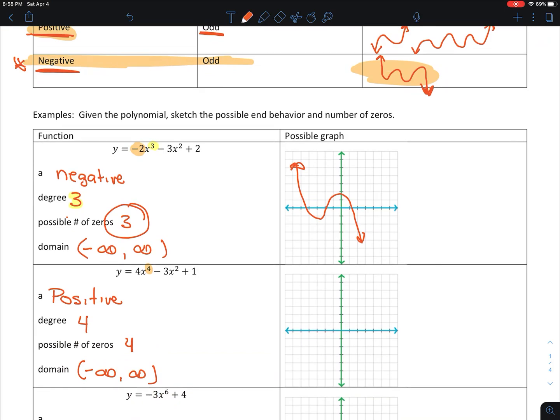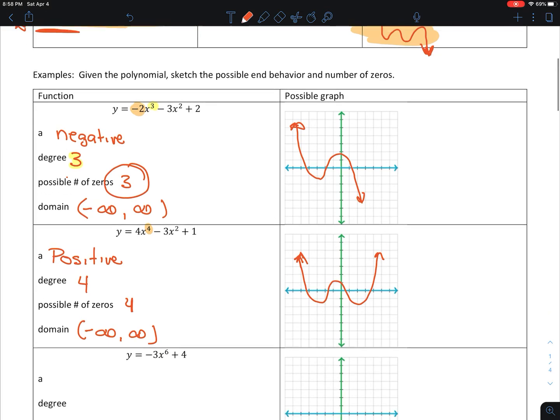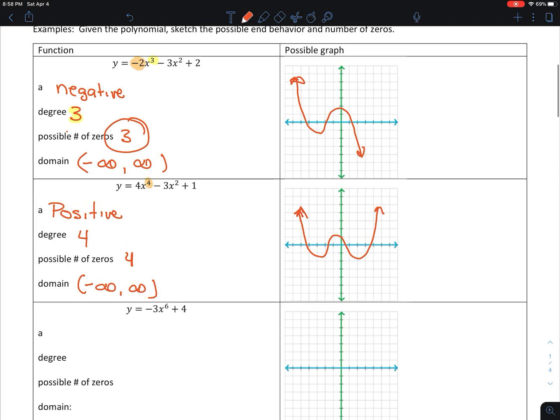So we're going to start here, and we're going to cross the axis as many as 4 times: 1, 2, 3, 4. And we're going to end up going back up. So that's a possible graph. Again, I have no idea what this graph looks like because it's not in factored form. I don't know where the zeros are, but that would be the basic shape of it.